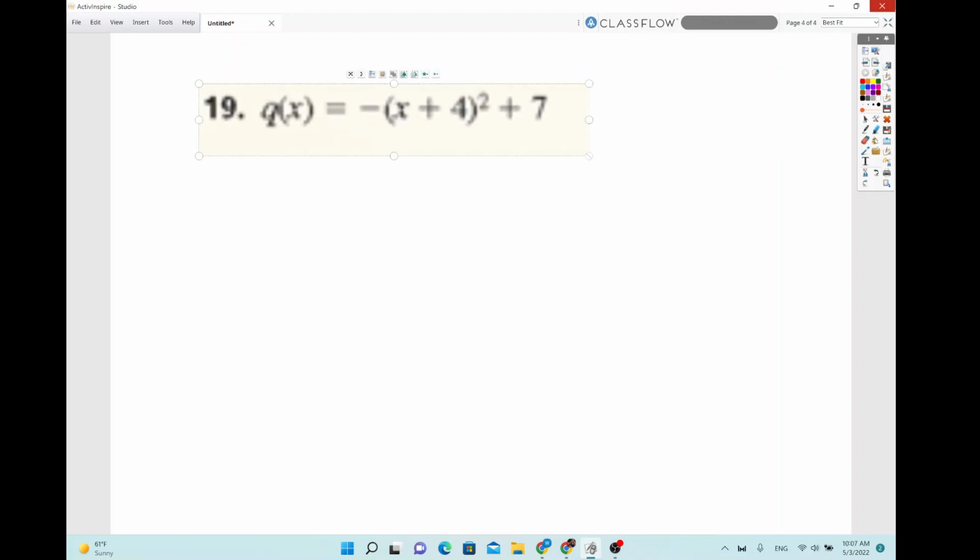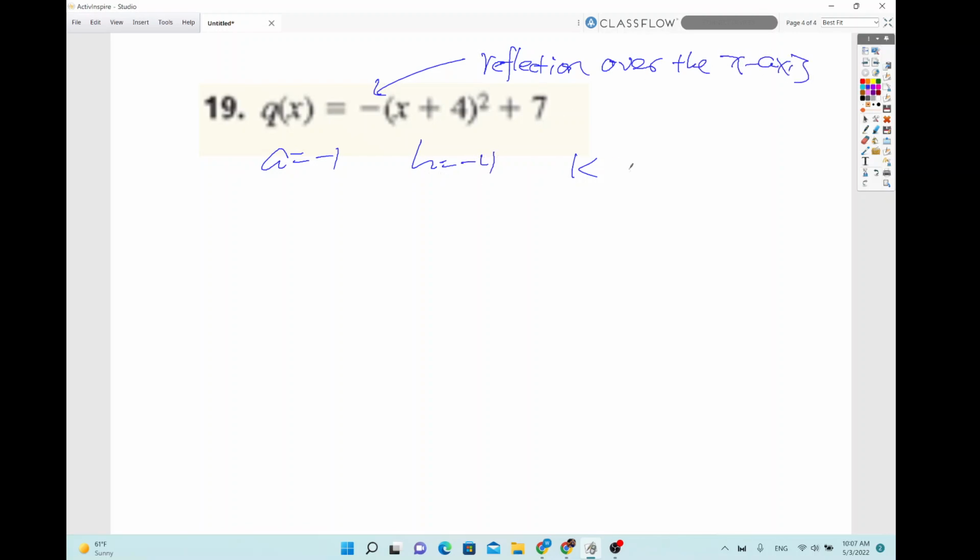Again, the vertex form, compare and contrast, find the values of a, h, and k. So a is negative 1. If a is negative, that means it's reflected over the x-axis. So it's a reflection over the x-axis. And then h is negative 4, k is 7.